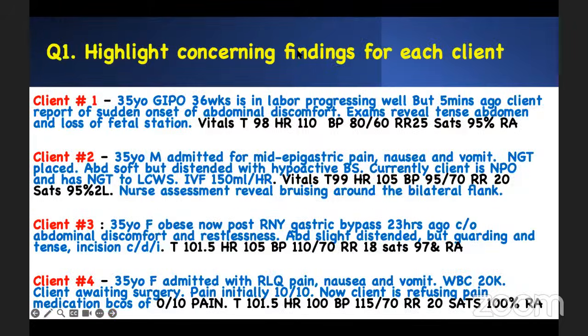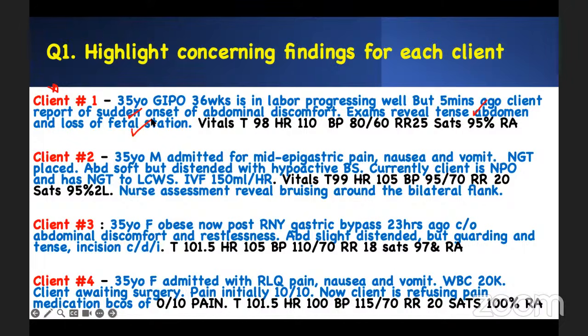Now I say highlight concerning findings for each. I already gave you the diagnoses. So what do you think is concerning for number 1? Sudden onset is not good, right? Tense abdomen is not good. Loss of fetal station is not good.